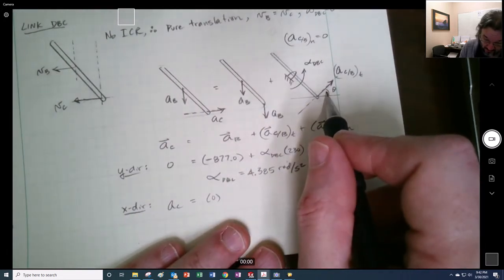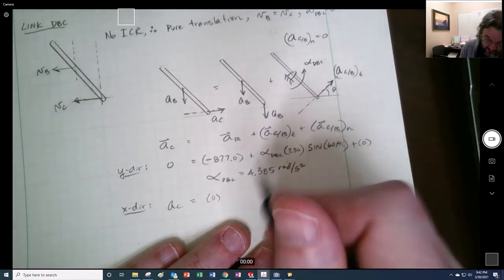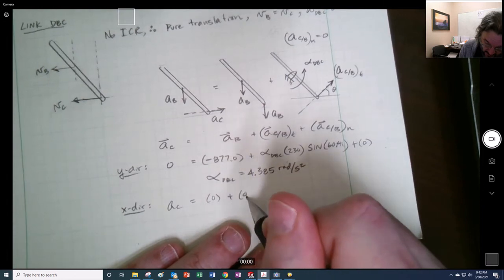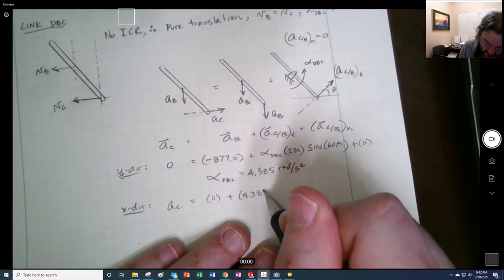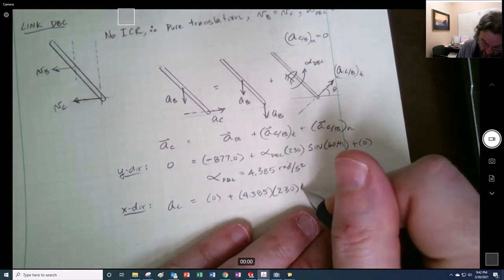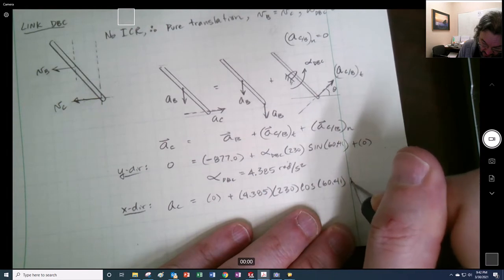So now, this is going entirely positive and is going to be 4.385 times 230 times the cosine of 60.41 plus 0.